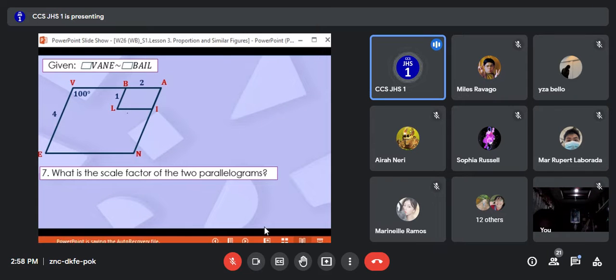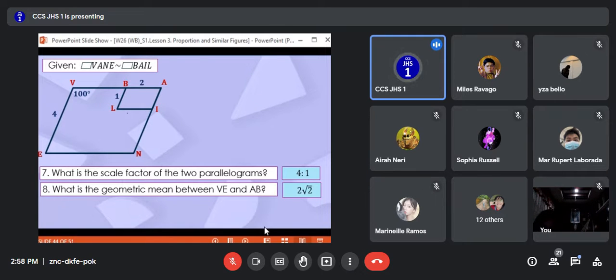Next, what is the scale factor? It is, of course, 4:1. Now, this time, number 8, what is the geometric mean between VE and AB? Geometric mean is equal to the square root of the product of the two quantities.